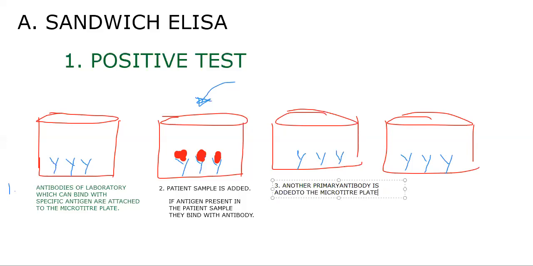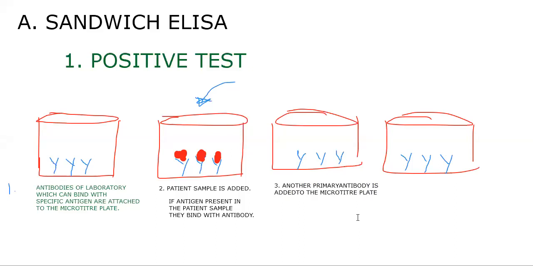That means whatever we added earlier is also a primary antibody. You'll find out what a secondary antibody is later. So another primary antibody is added, and if antigen is present, it will go and bind with the antigen.